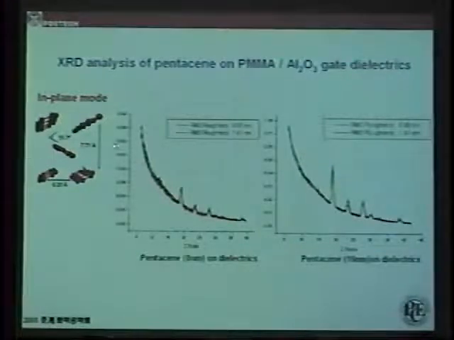This is the in-plane mode of XRD data, showing that with 8 nanometer thickness, we have 3 peaks. With 16 nanometer, we have about 5 different peaks. Each peak relates to a crystal plane direction. The closest plane has the fastest charge carrier direction.